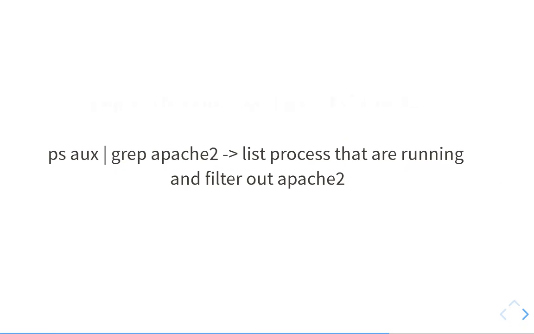Something like ps aux will give you anything that currently runs in this Linux OS, and you can filter it with grep by the specific word or name that you are looking for, and then you can find it.